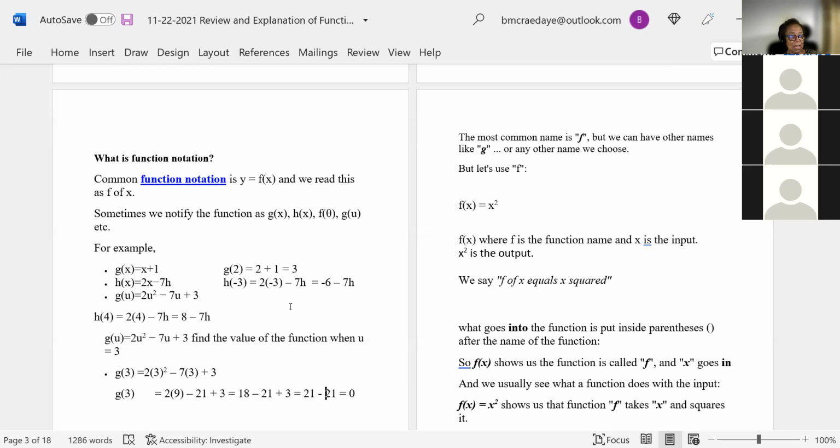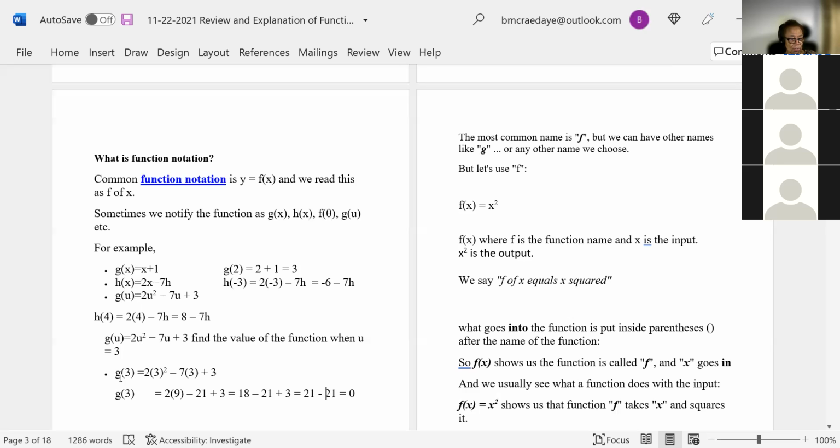But whatever it is, you're going to apply the value of the variable that's given in your problem to the variable in the function. So h of 4, put the 4 on the u wherever it appears. That's the variable. That's why you say h of 4.